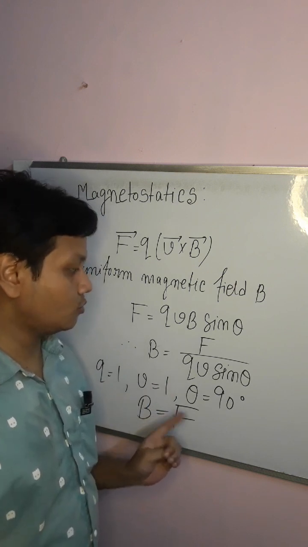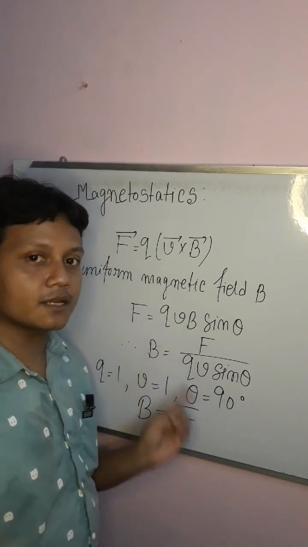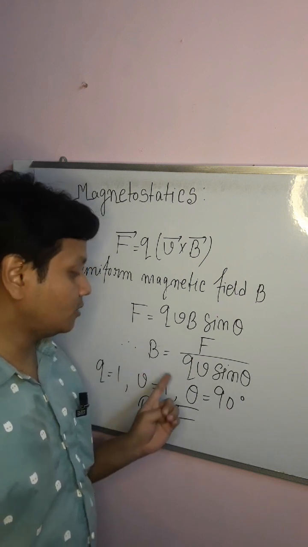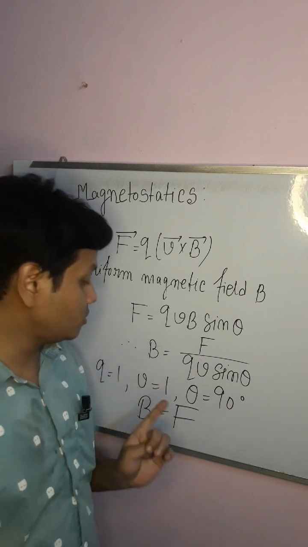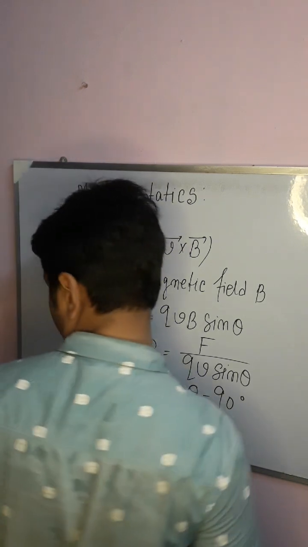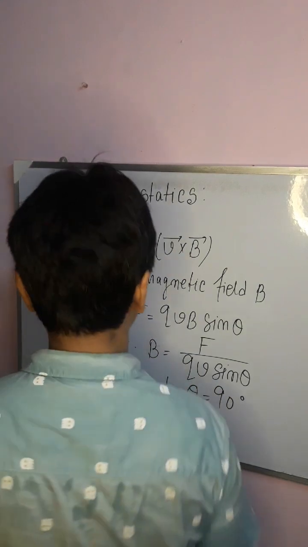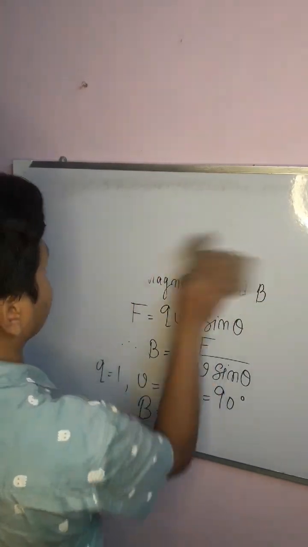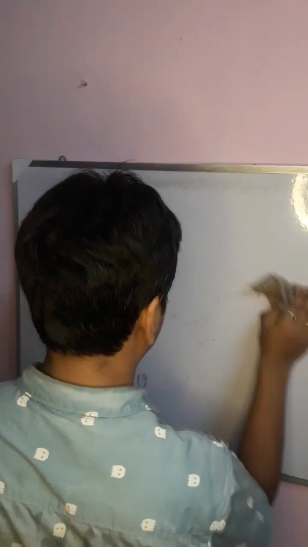So this formula helps us to define B. What is it? It is the force acting on a unit charge which is moving with a unit velocity perpendicular to the direction of the field.